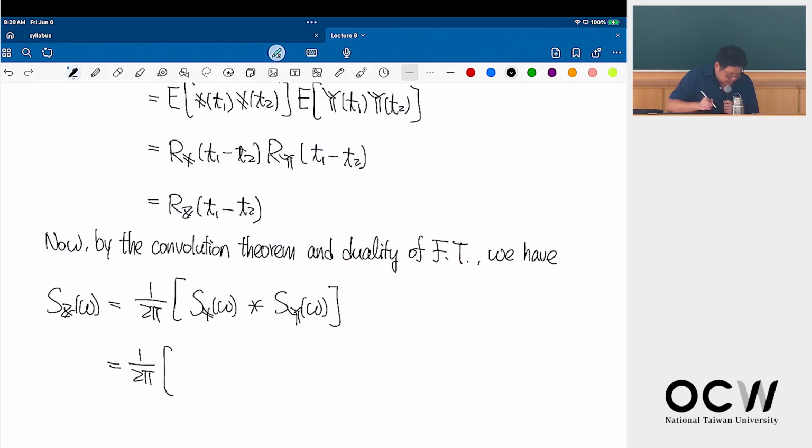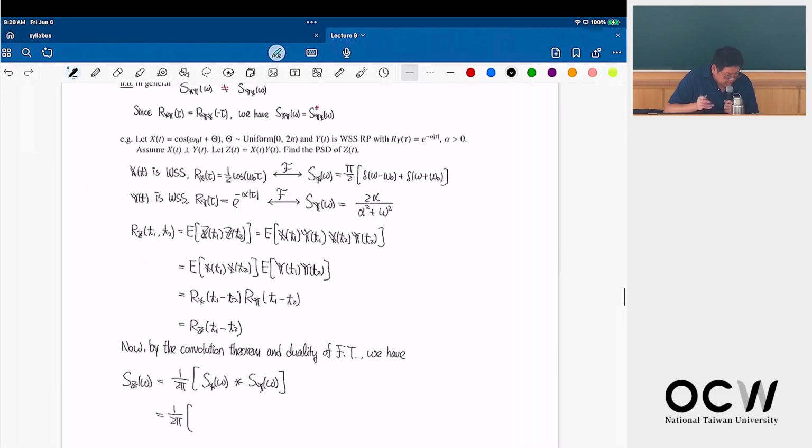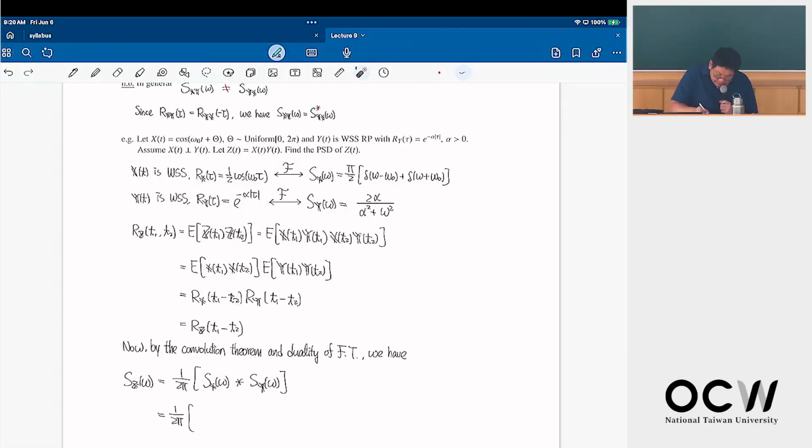For the power spectrum of x, since it is a shift, it's a delta function. So I just shift to the right and shift to the left, with values only at omega naught and minus omega naught.